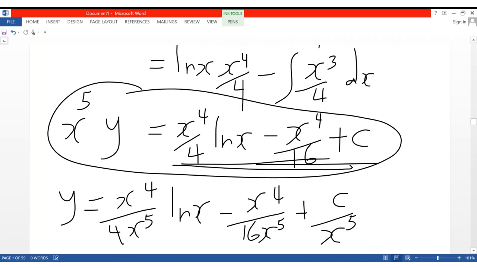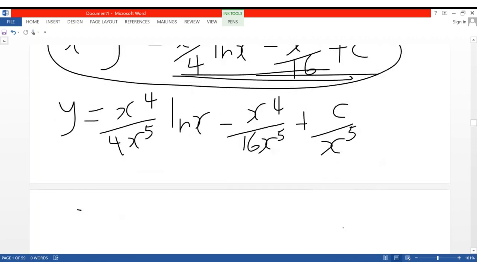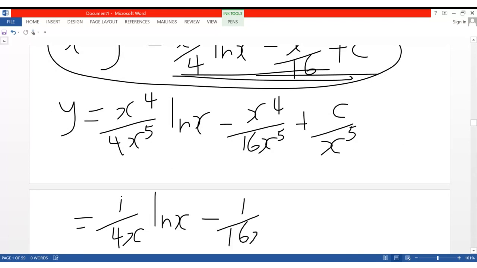So you'll get 1 all over 4x ln x minus 1 all over 16x. The power can come up as -5.